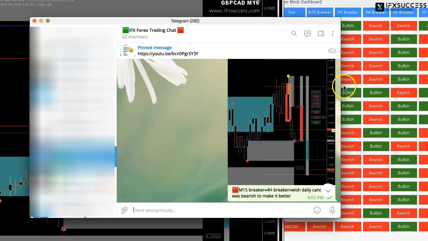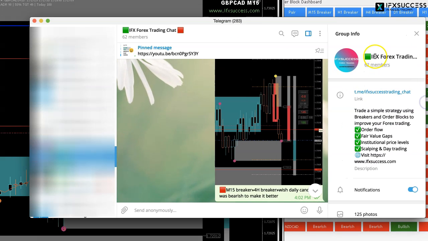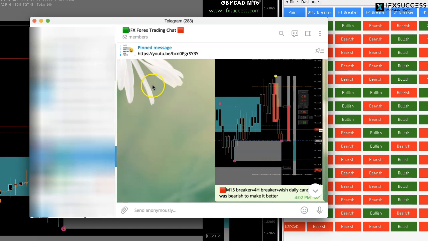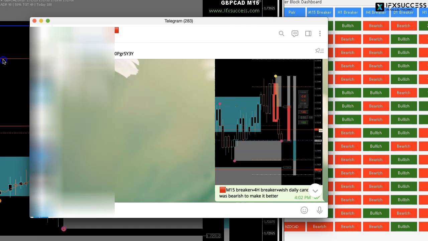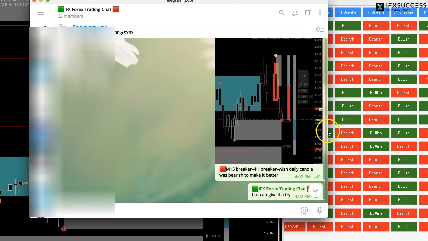So this was the pound CAD entry. Let me make this bigger because I can't see it. This was the pound CAD entry that I posted on Telegram, and as you're able to tell, we had a breaker over here, and my 4-hour candle was bearish, right?